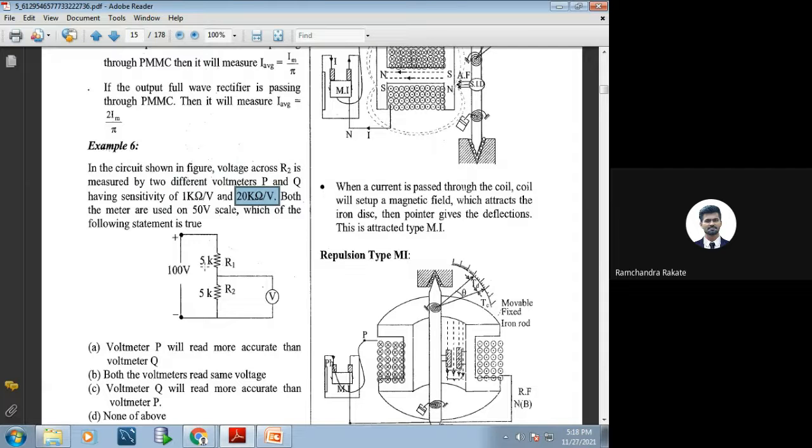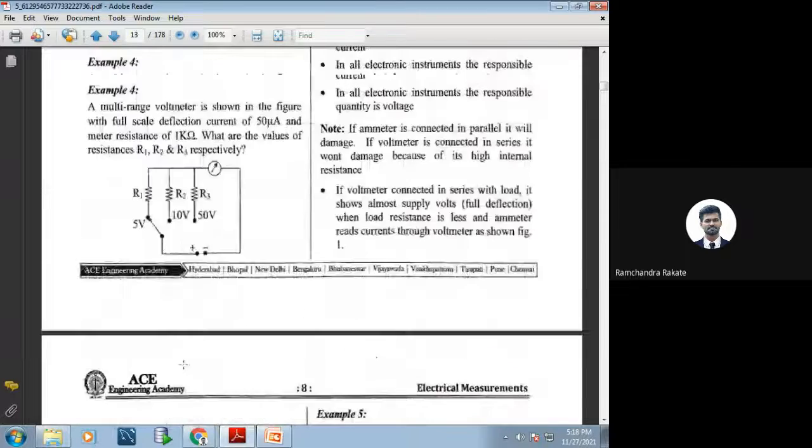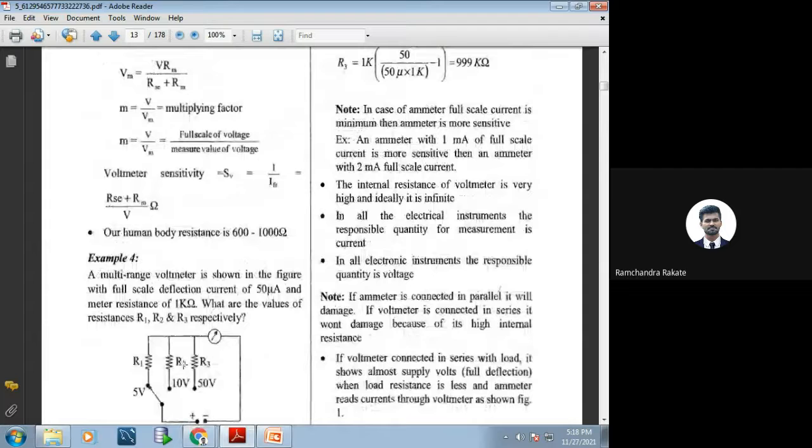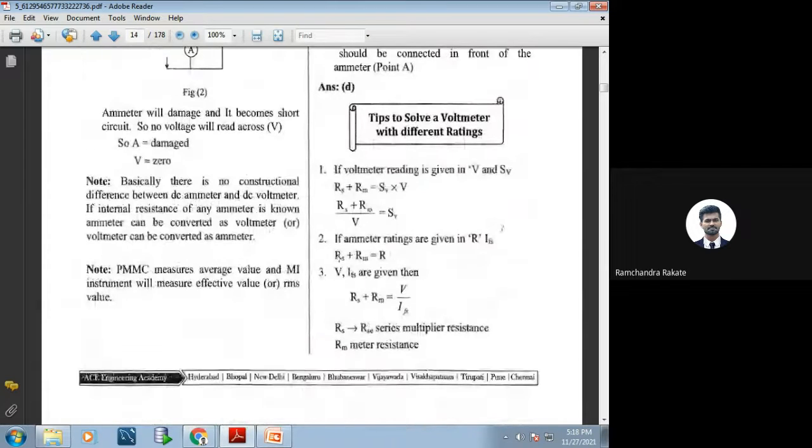Now I think you know the relation between sensitivity and this. You can mark this one. SV is nothing but your voltmeter sensitivity. So this equation is for voltmeter sensitivity: the voltmeter is giving V and SV is the voltmeter sensitivity.